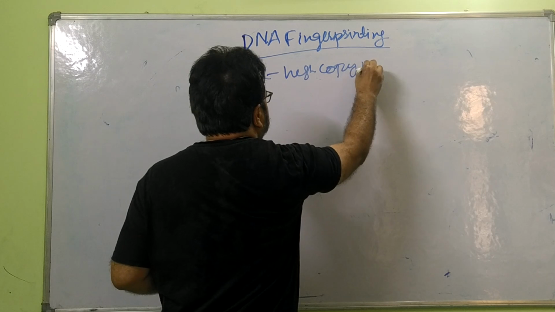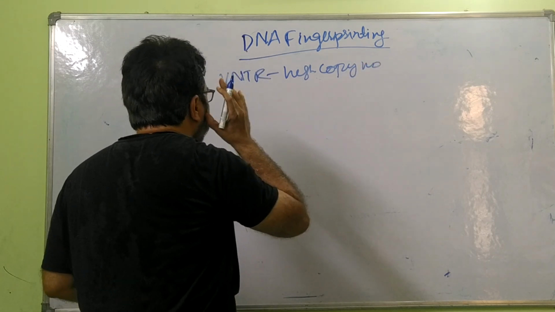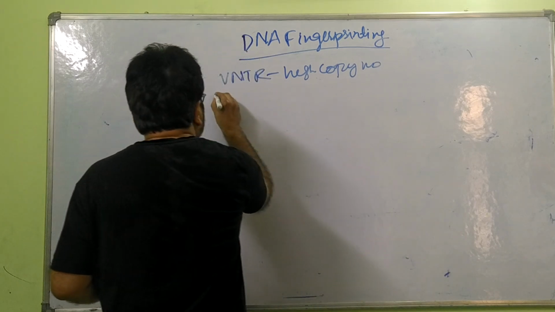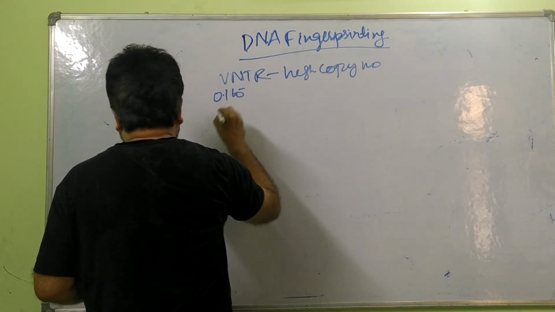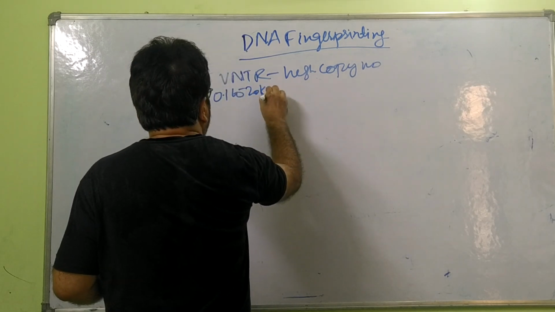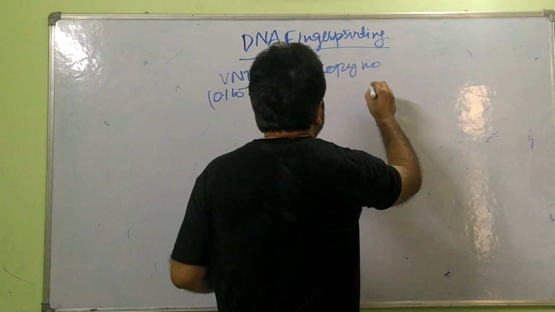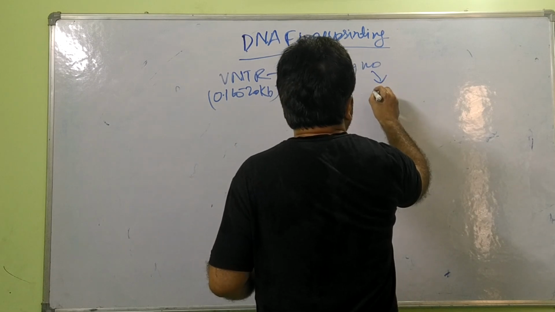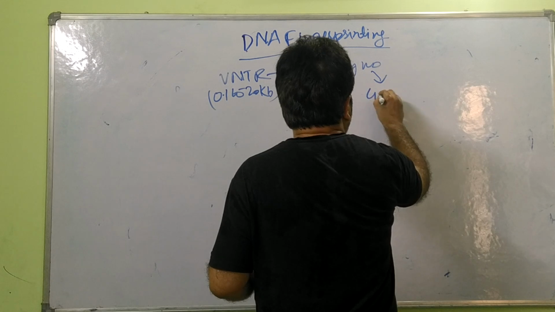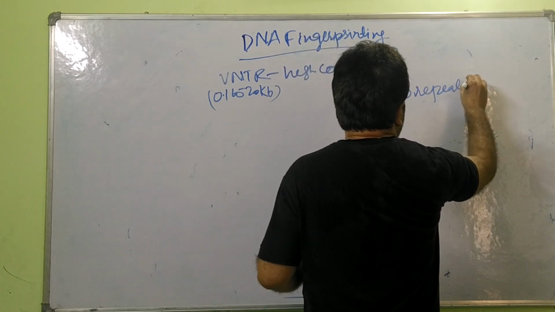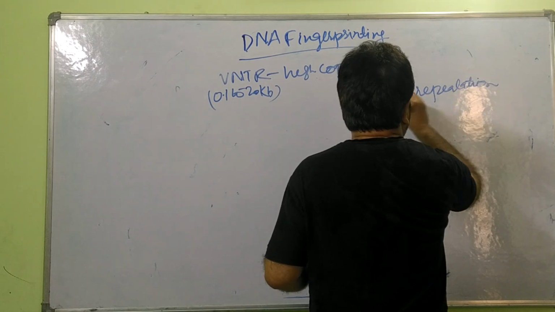The frequencies are 0.1 to 20 kilobases of this VNTR, and high copy number means the repetitions will be from 4 to 40 repetitions in VNTR.